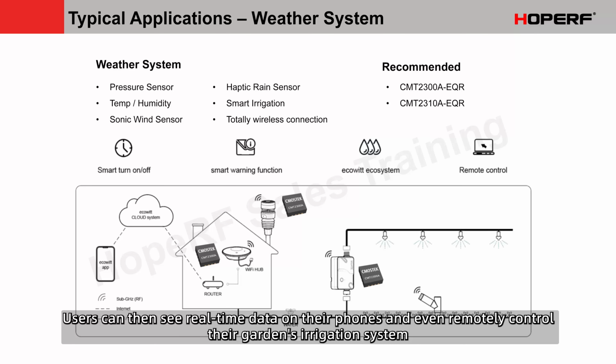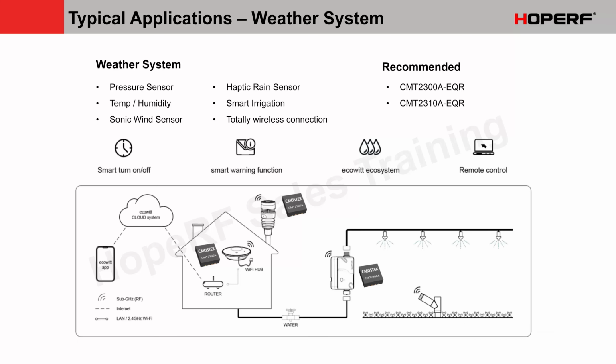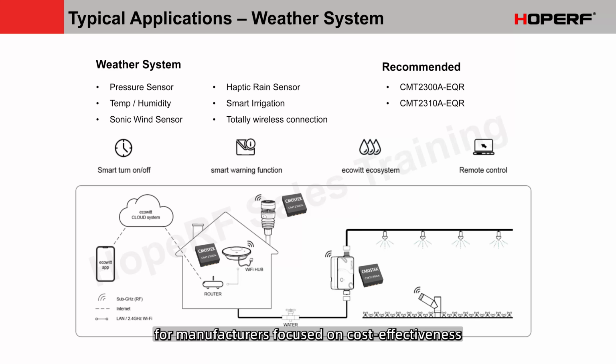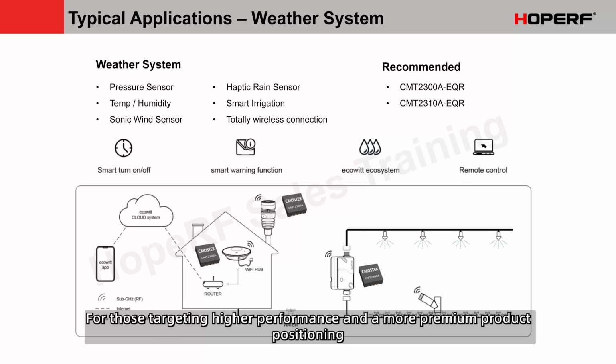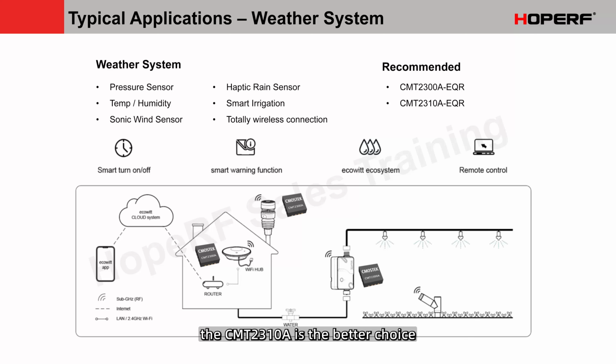Users can then see real-time data on their phones and even remotely control their garden's irrigation system. Again, for manufacturers focused on cost effectiveness, we recommend the CMT2300A. For those targeting higher performance and a more premium product positioning, the CMT2310A is the better choice.